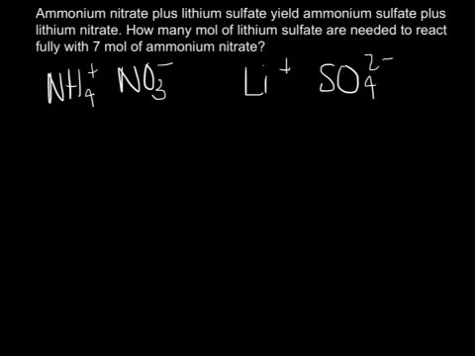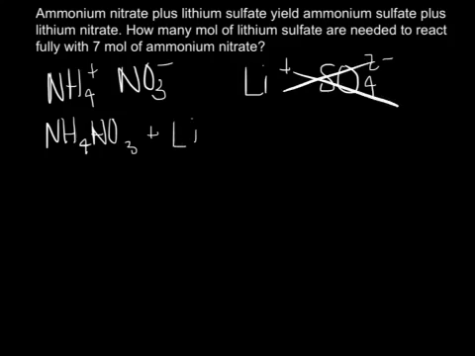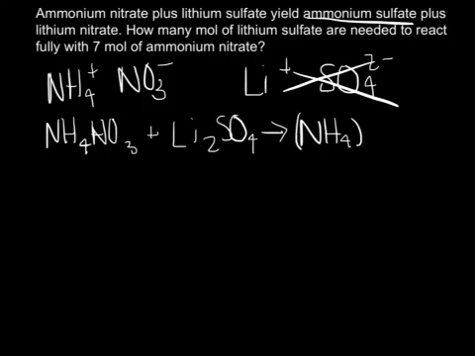Now let's write our equation. So we have NH4 NO3, plus we cross Li2SO4, yields ammonium sulfate plus lithium nitrate.